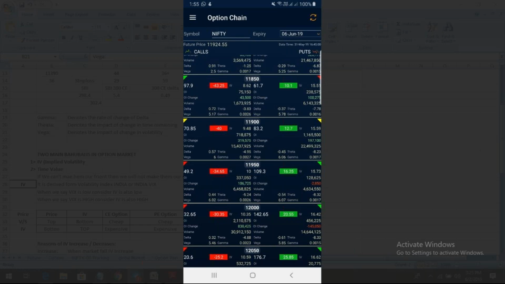don't calculate these things. Again, I'm saying, if you're calculating Vega, here Vega is 5.46, here 6, here 6, 5.17, 2.25. Here theta is 1.25, 3.3, 4.5, 4.48.